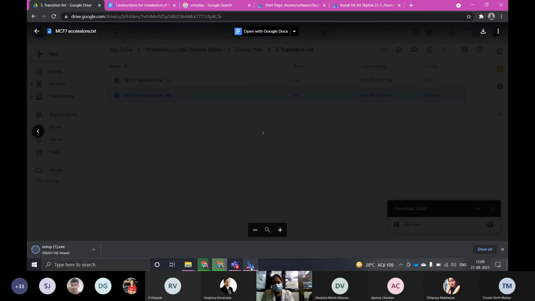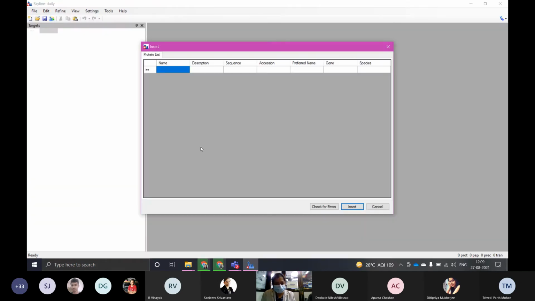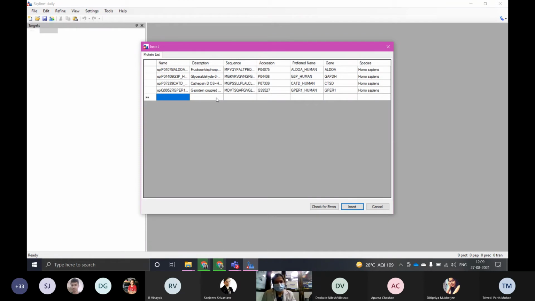Since I have already added a background proteome, I just need the accession numbers of the proteins that I'm interested in. So I will copy them, Control C, and paste that here. So here it gets inserted. It has mapped the accession IDs to the particular background proteome, and it is telling that this is such and such protein, and it has got us the sequence.